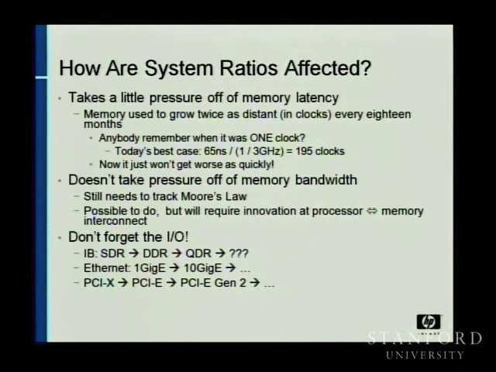Memory bandwidth is getting worse fast. You still need to track Moore's law or aggregate performance in order to keep up, but it sure is going to require a lot of innovation in the processor to memory connection. Now, the interesting thing is that the next generation Intel part gives you a one-time gift from the heavens.